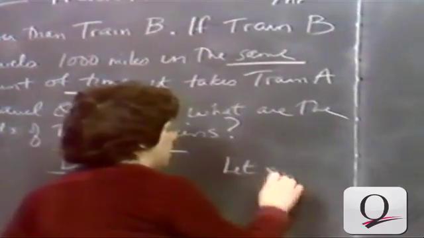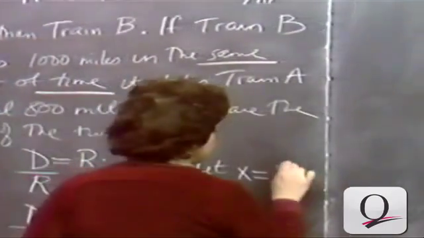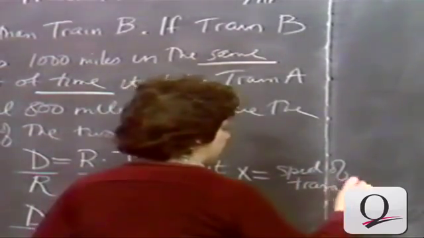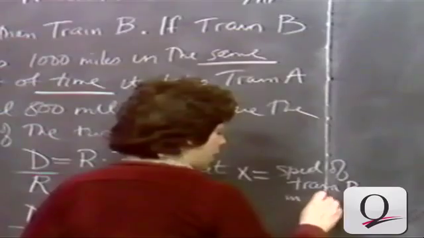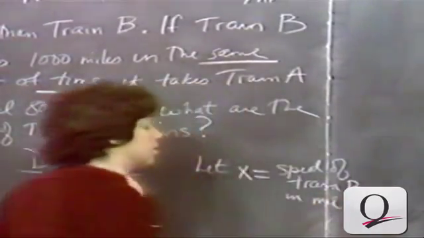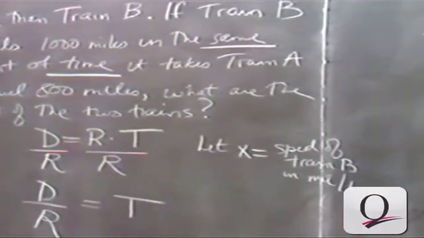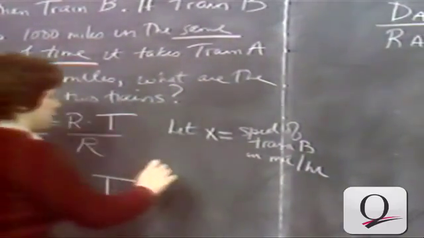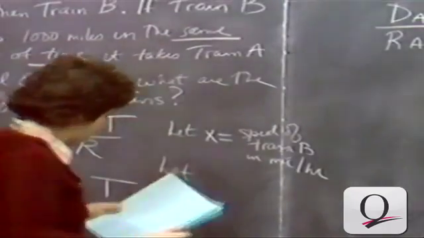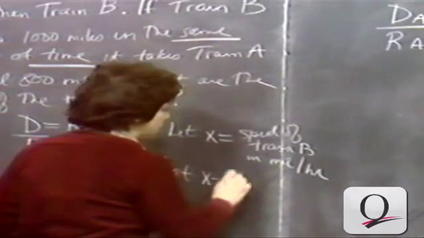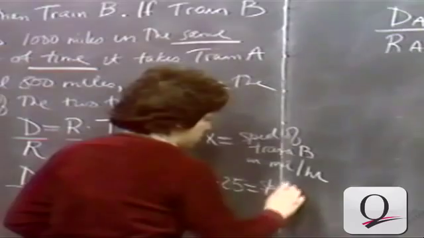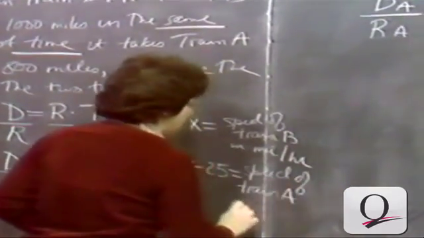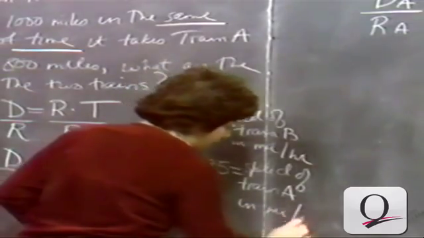Let x equal, in miles per hour, the speed of train B, and then train A is 25 miles per hour slower than that, so x minus 25 is the speed of train A in miles per hour.